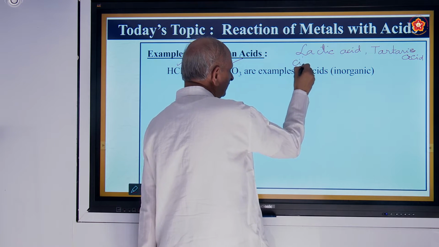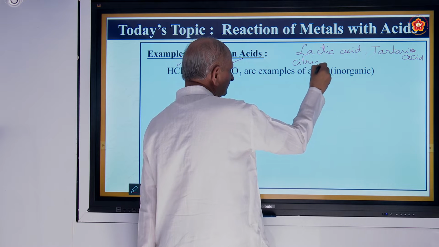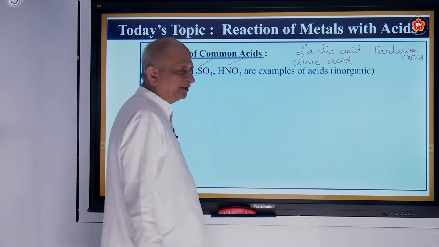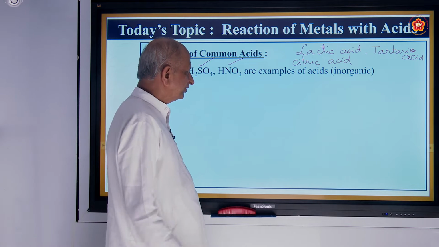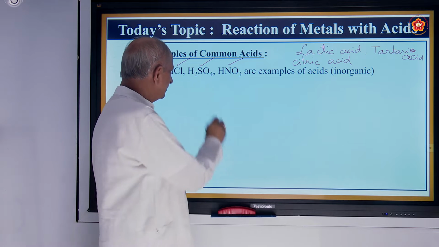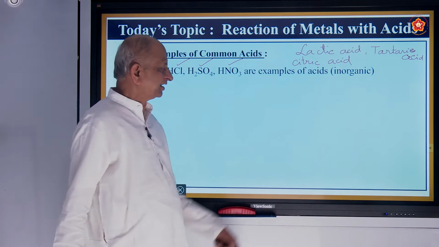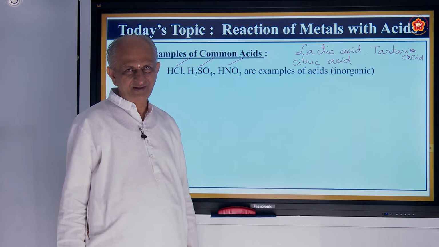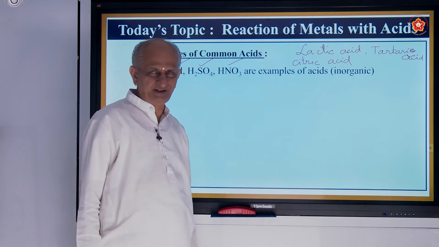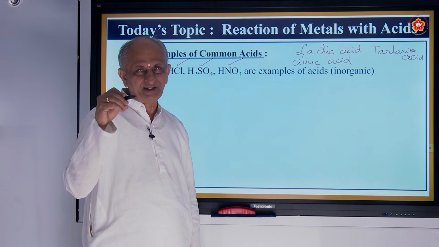Citric acid is present in lemons, and also oxalic acid and so on. So these are acids of daily use. These are the organic acids, and the inorganic acids are always kept in strong bottles in the laboratory with a closed tight lid.